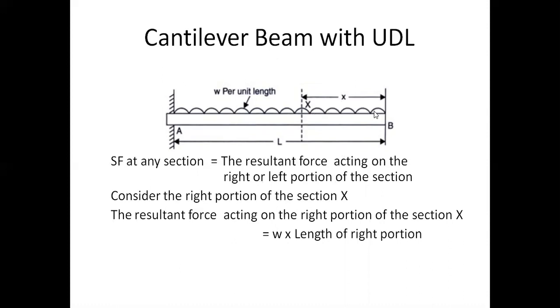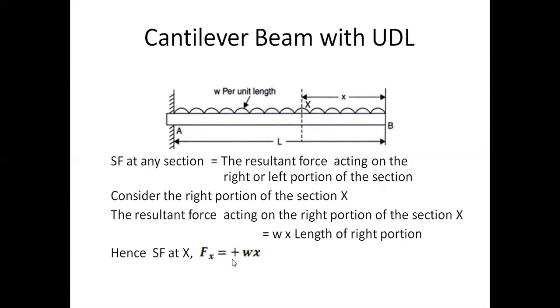We have only UDL, no reaction forces at this moment. When we have UDL, we multiply the magnitude of the UDL per unit length by the span over which it is spread. Hence the shear force at X is Fx equal to plus w into x.